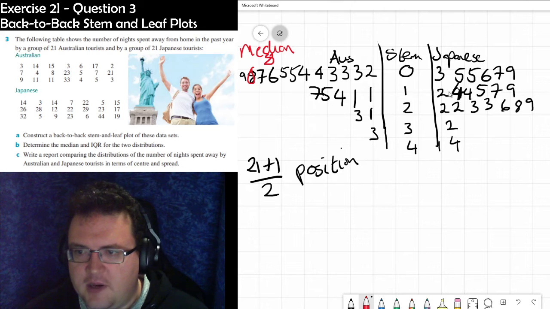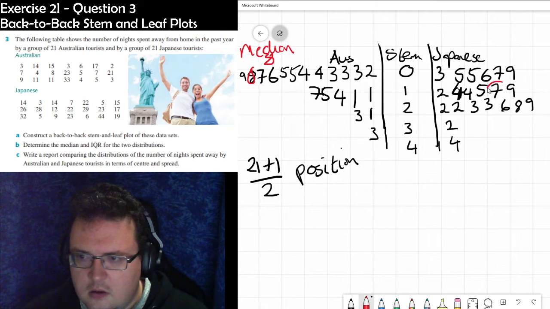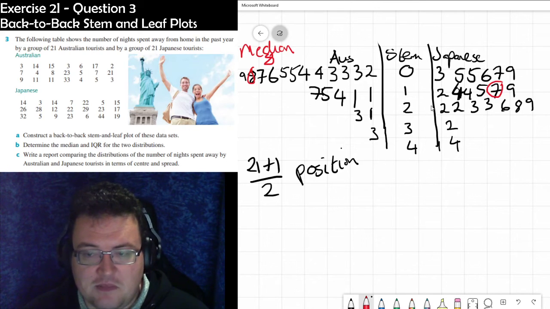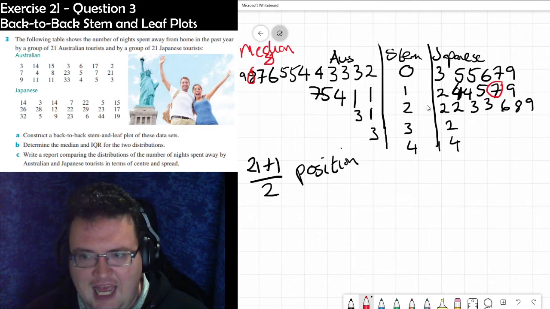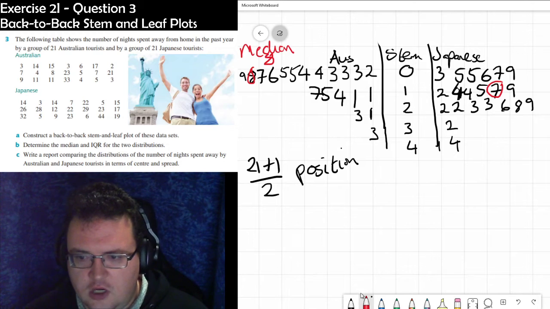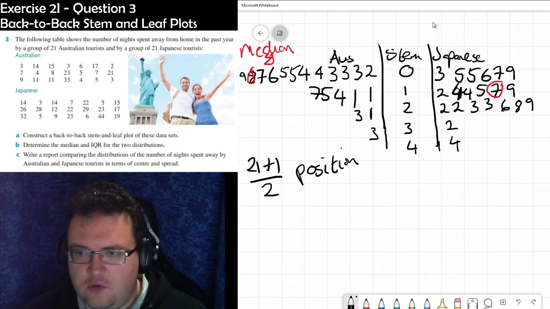And then on the Japanese side, 1, 2, 3, 4, 5, 6, 7, 8, 9, 10, 11, 17. So, now, one of the things that is missing is a key. So your key would be on this side: 0-3 would just be 3.